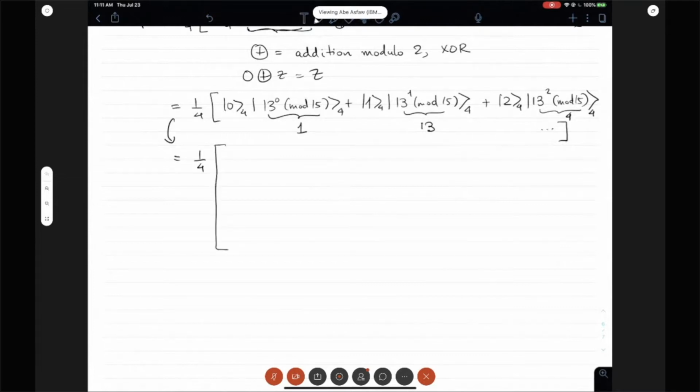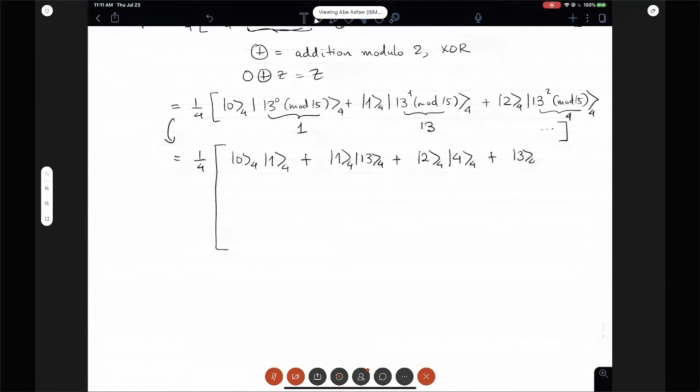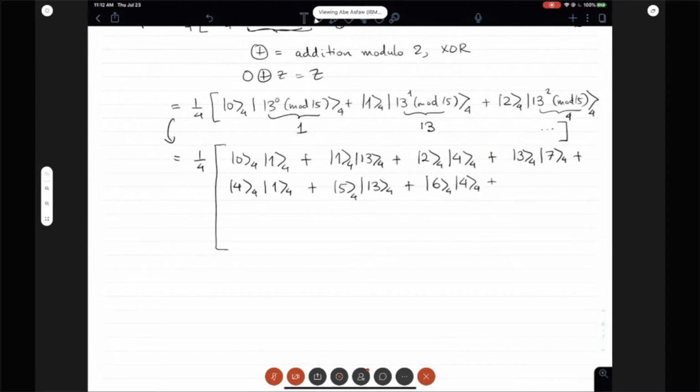So 0, 1, 2, 3. All right? So that's the first 4 terms. And then we have 4, 5, 6, 7.